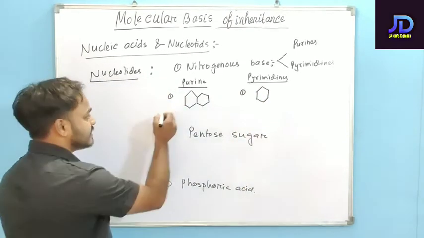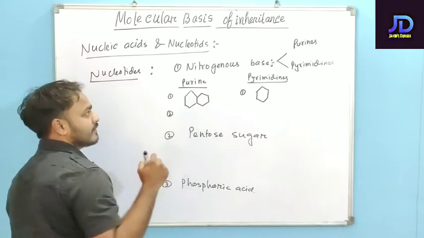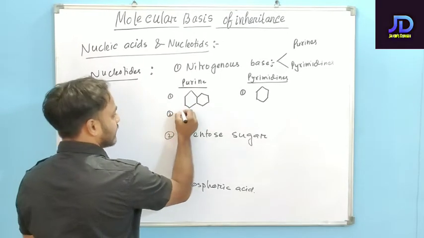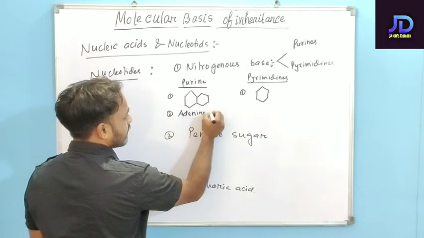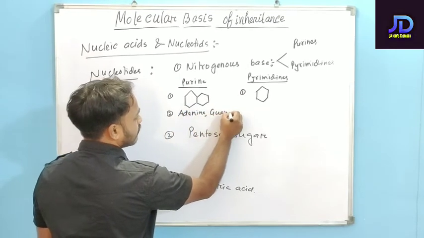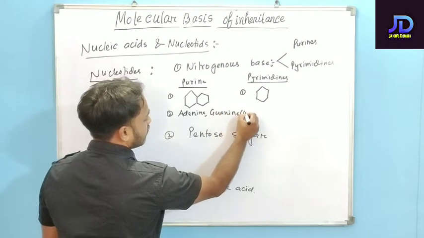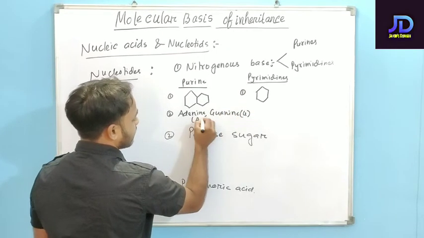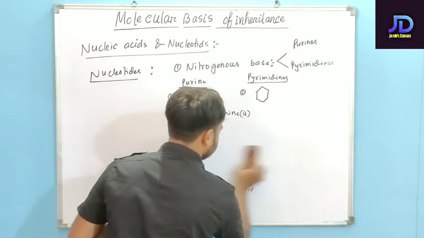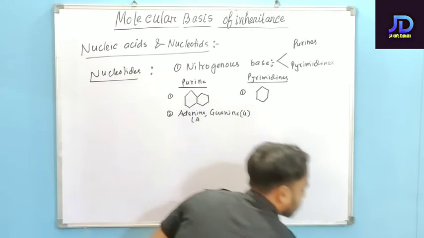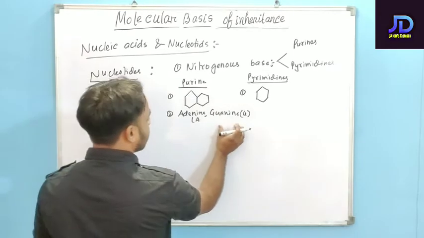Understood? See, the purines means what? Adenine and guanine. Adenine and guanine are called purines. Guanine G, adenine A. Okay, I am rubbing it here because you have less space. I will come to that later on. Adenine and guanine, right?